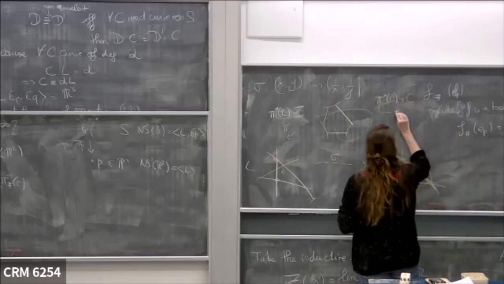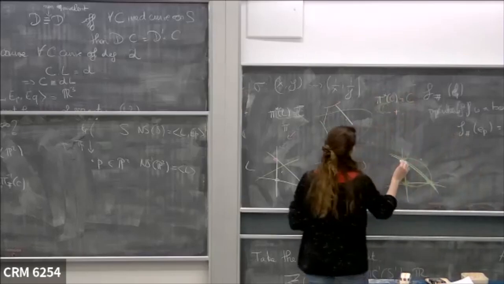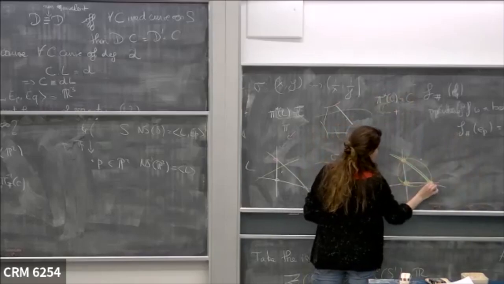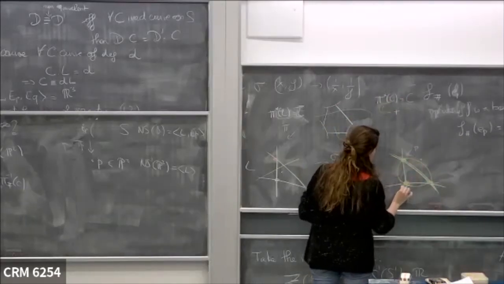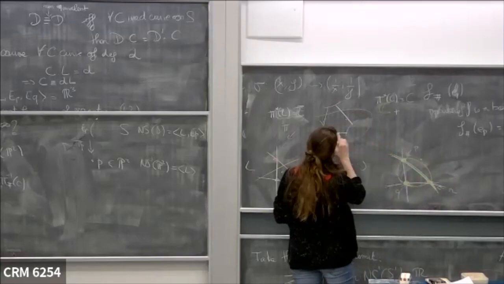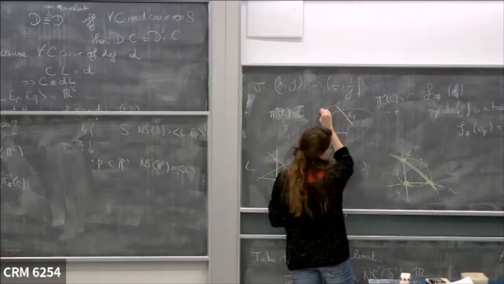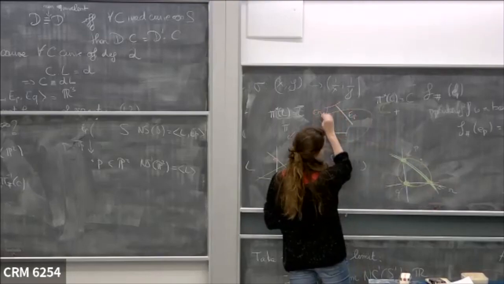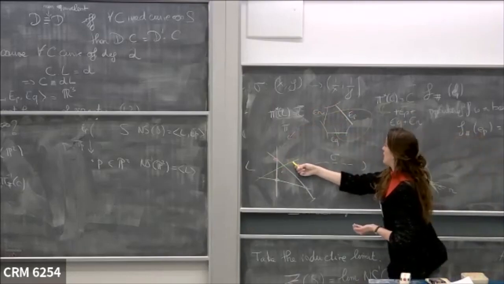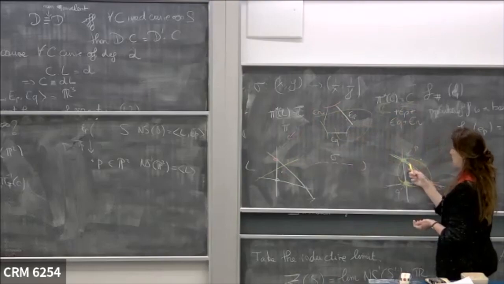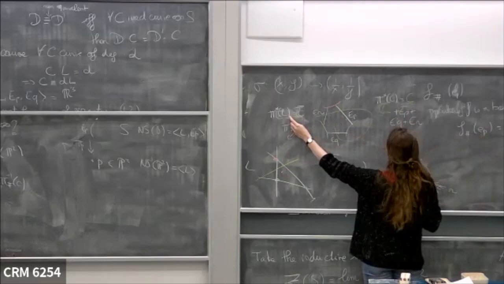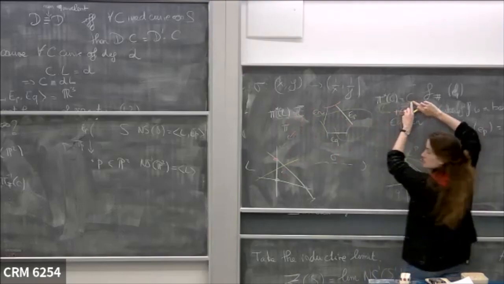I will call these points P, Q, and R, and you have somewhere blue and red. So you have EP, ER, and EQ. And so the yellow line is sent to this yellow curve.